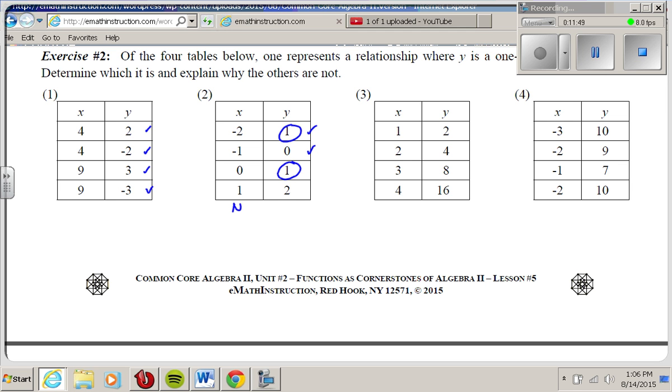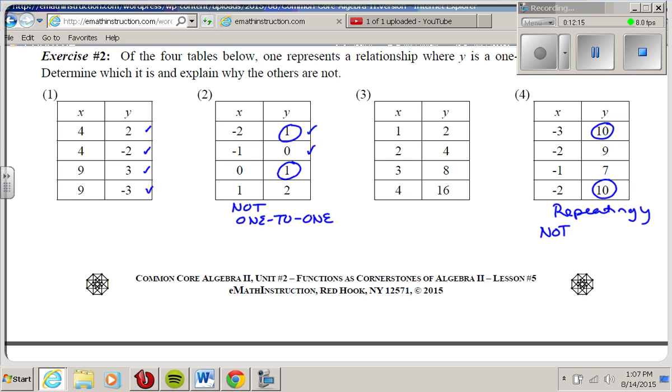So this one is not one-to-one because we've got that repeating y. 2, 4, 8, 16. Well, that one doesn't have any repeating y's either. And then 10, 9, 7, and 10. Well, repeating y. Right?